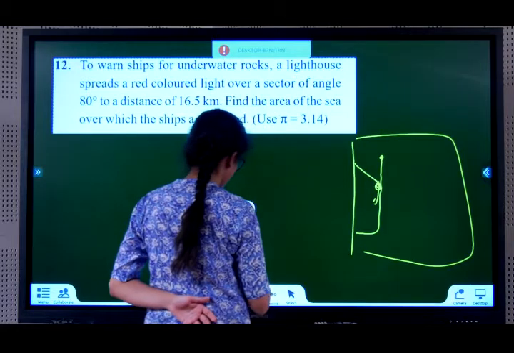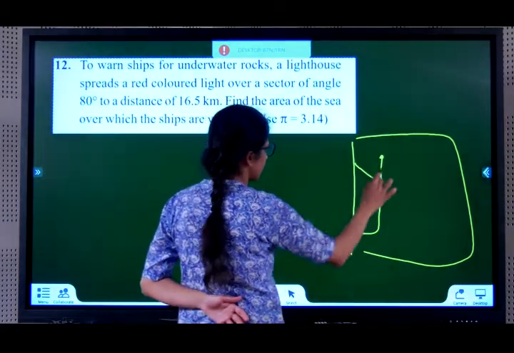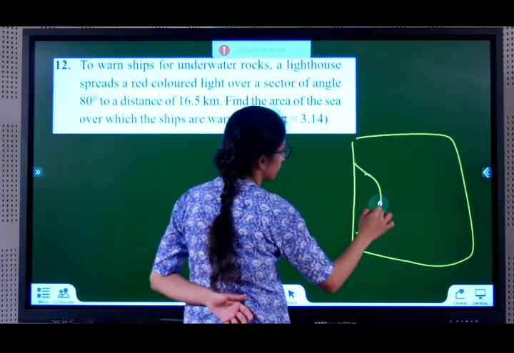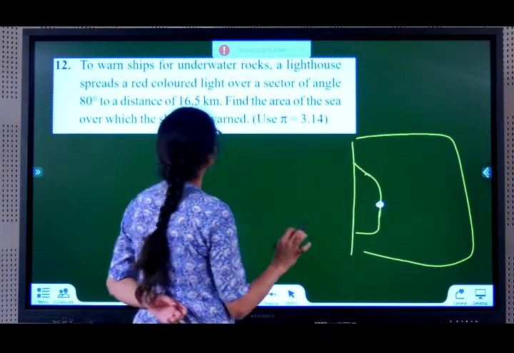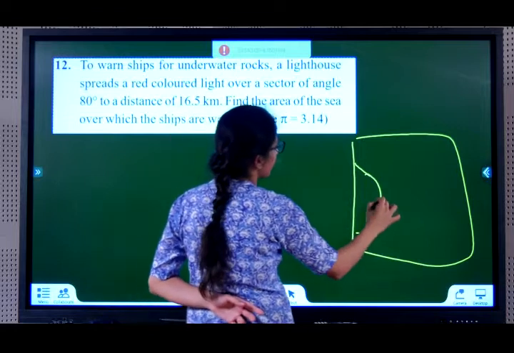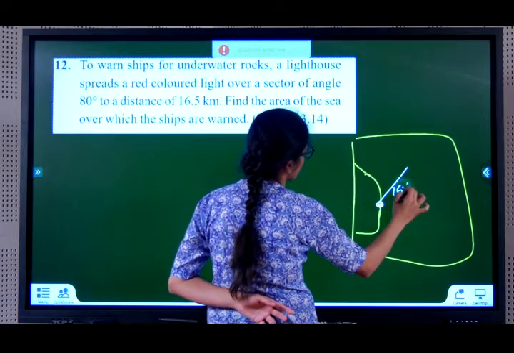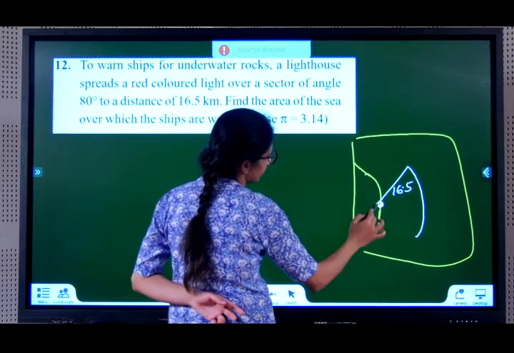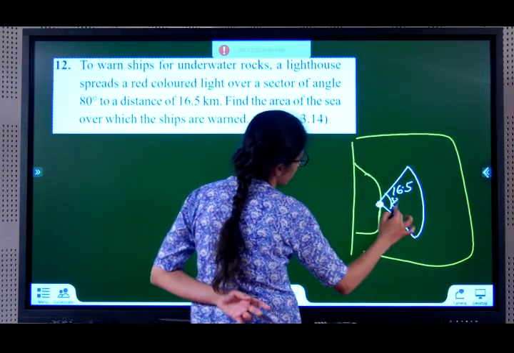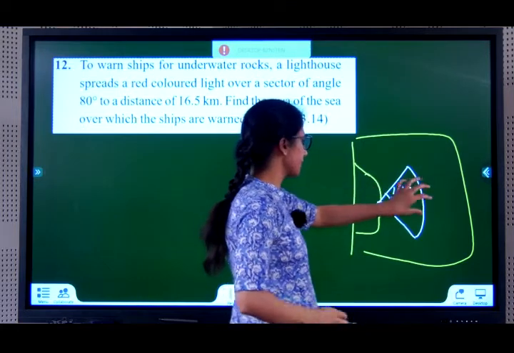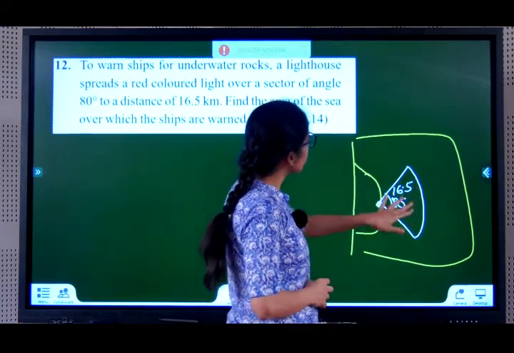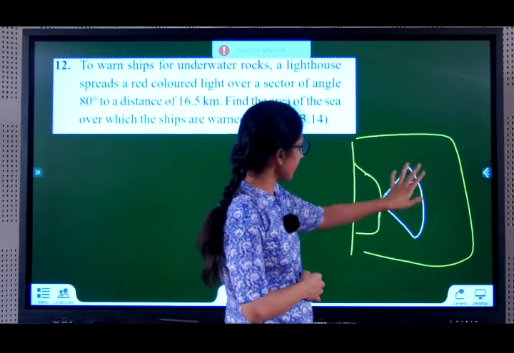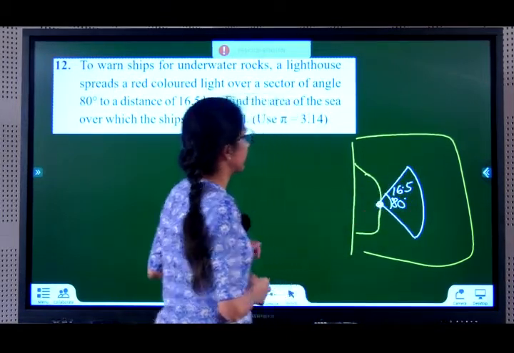What's happening in this lighthouse is, it is radiating light up to 16.5 kilometers at a sector angle of 80 degree. If any ship comes in this area, it knows there are underwater rocks here. So this is the area where the ships are warned.